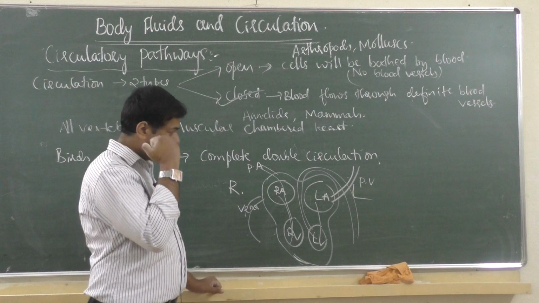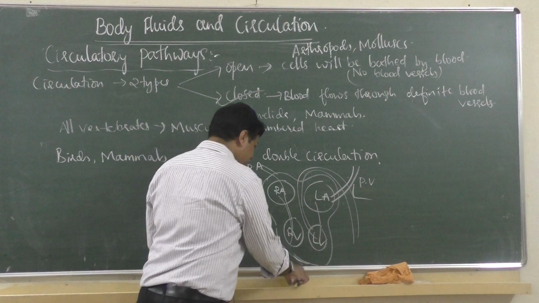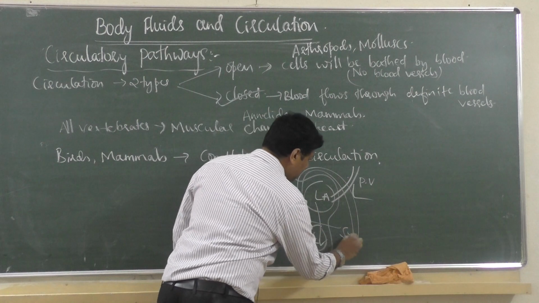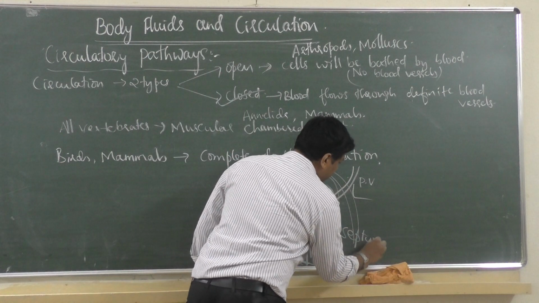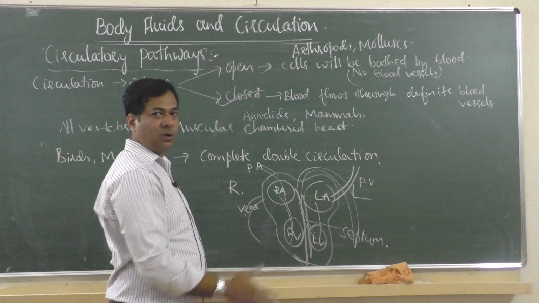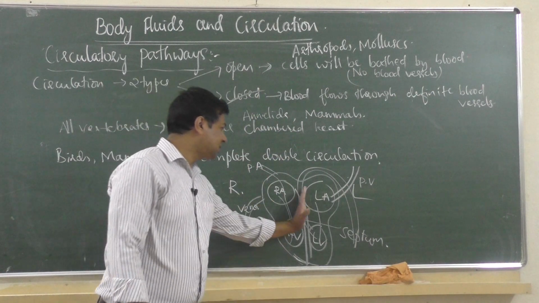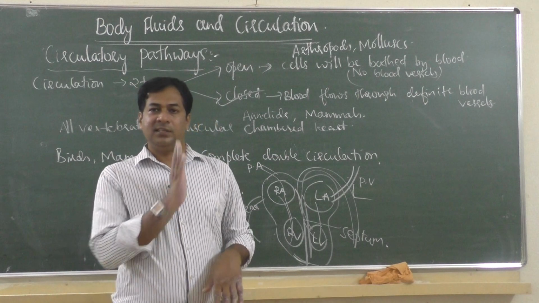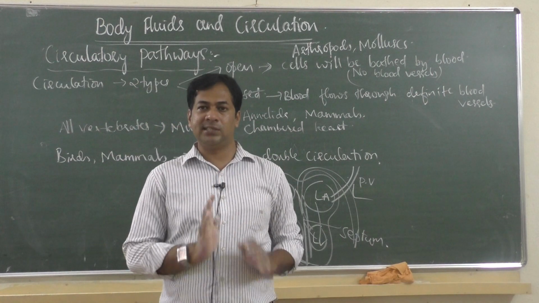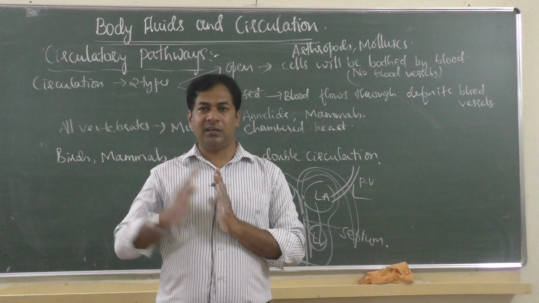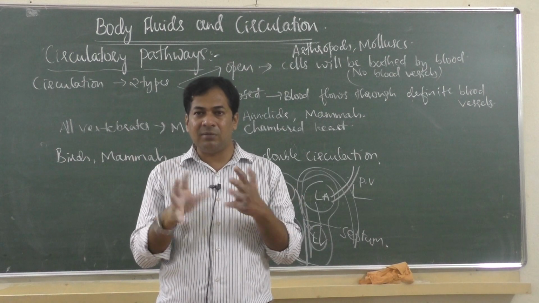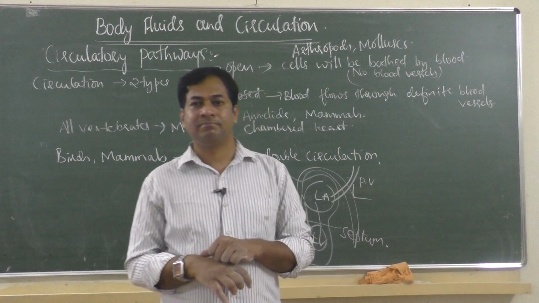And here one dividing wall is there, that is called the septum. Septa means cross wall or dividing wall. So the septum separates the left part of the heart from the right part of the heart, so that mixing of oxygen and carbon dioxide doesn't happen here.